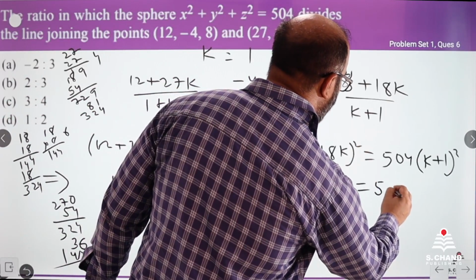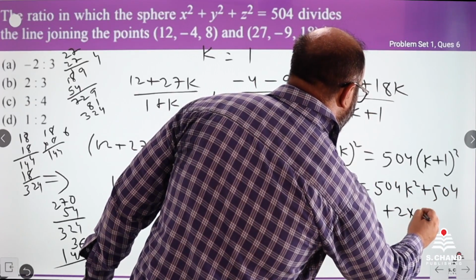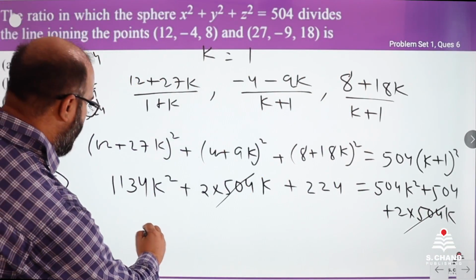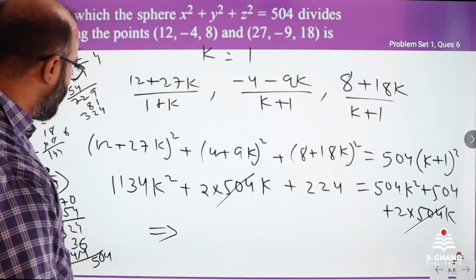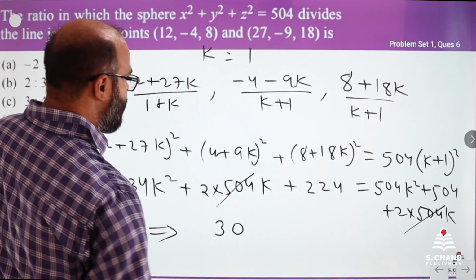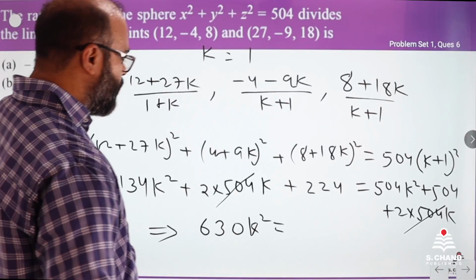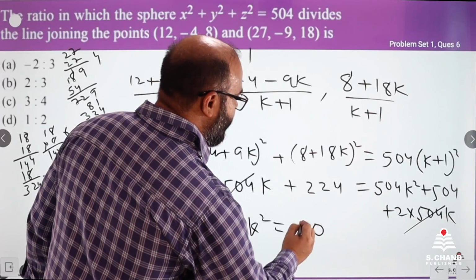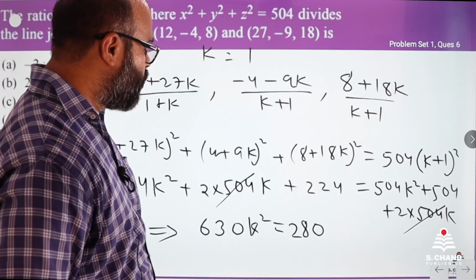This will be 504 k square plus 504 plus 2 into 504 k. Now this 2 into 504 k will get cancelled. And what we get is 1134 k square minus 504 k square, that will become 630 k square, is equal to 504 minus 224, so this will be 280, right?